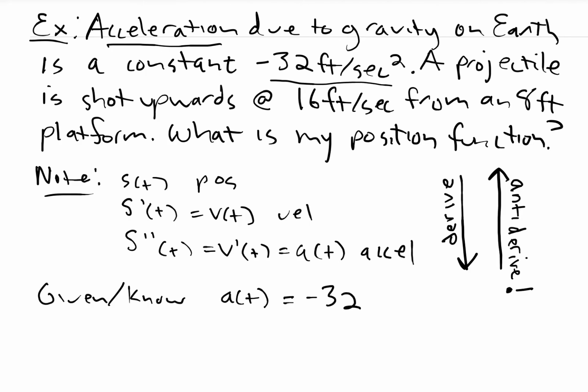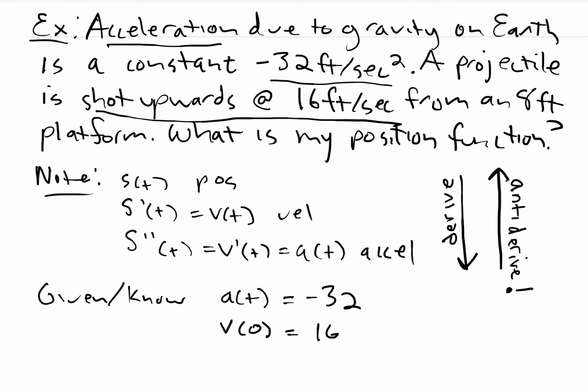We are also given that my projectile is shot upwards at 16 feet per second. What this is telling me is my initial velocity, right? So at time 0, when I launch this thing off the ground, plug in time 0, get how fast this thing is going. I plug in 0, I should be able to get 16 back.